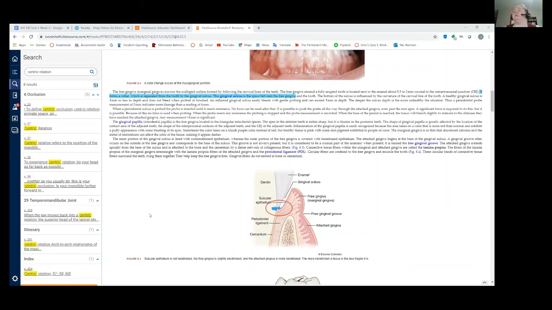It's actually the junctional epithelium. Okay, and what we're concerned about is keeping that junctional epithelium right near the CEJ. Okay.